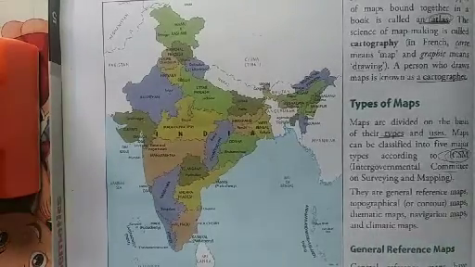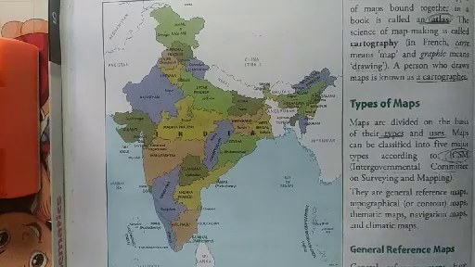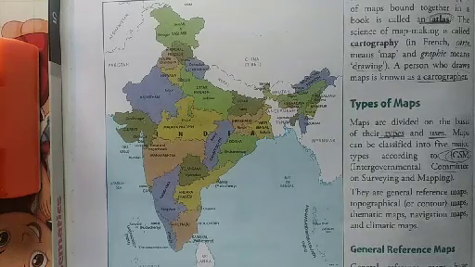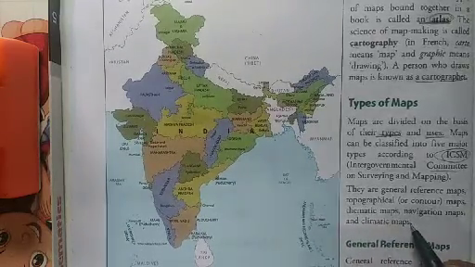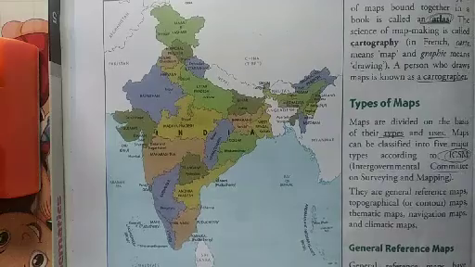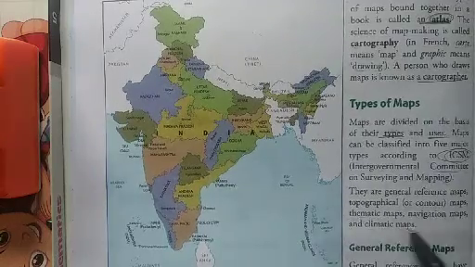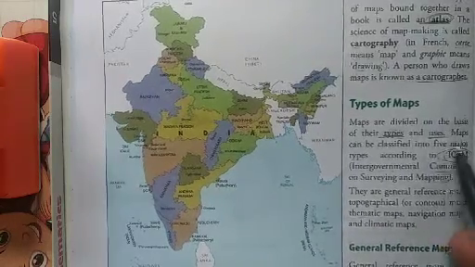They are generally the reference map, topographical or contour maps, thematic map, navigation map, and climatic map. So these are the 5 major kinds of maps that we see.